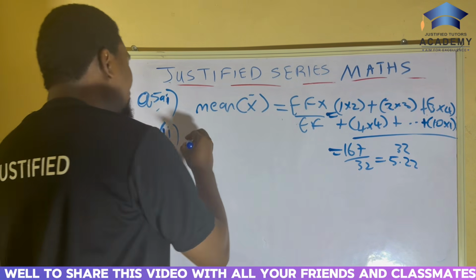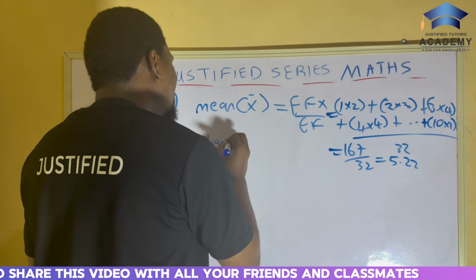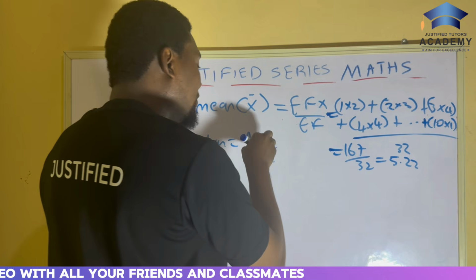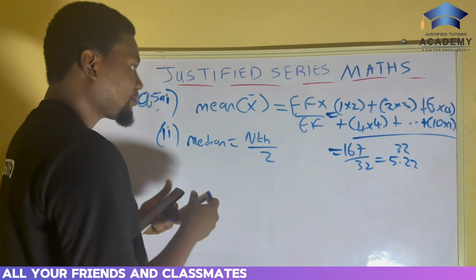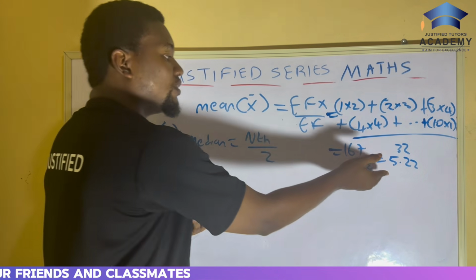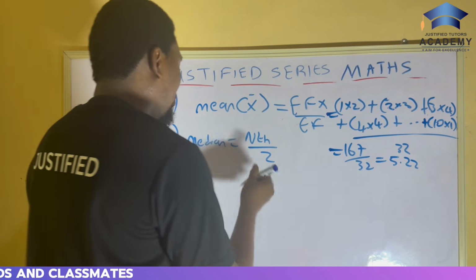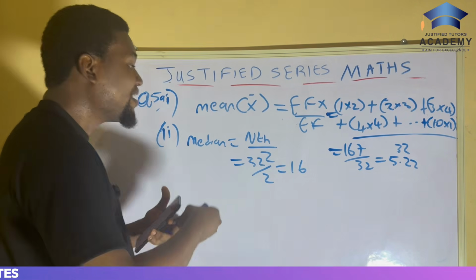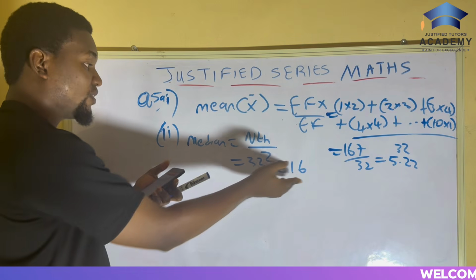Normally the formula for median is the nth position over 2. In this one, the number of students was 32, so it becomes 32 over 2, that's 16. So your median will be at this point.